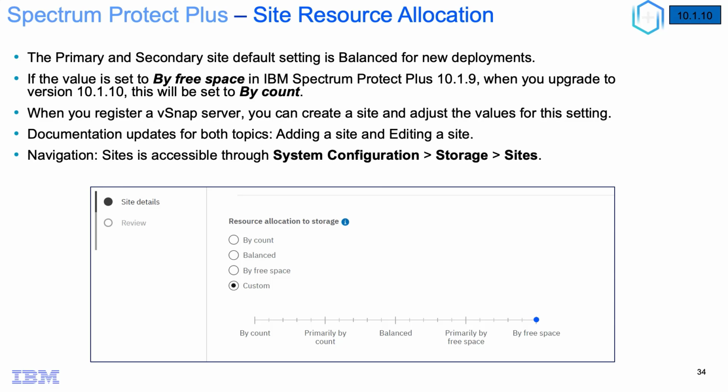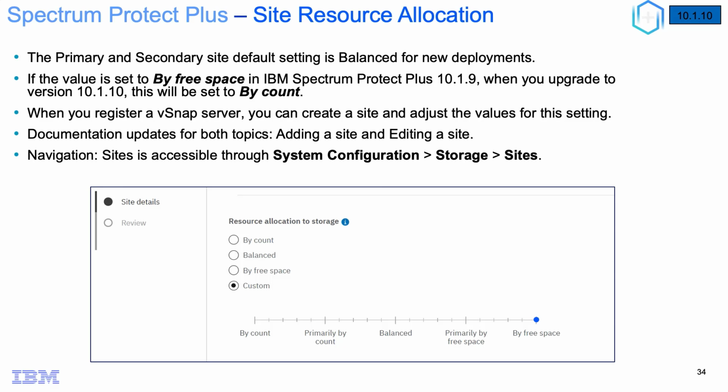In 10.1.9, the VMware data would have been allocated by free space, that is the size of the virtual machines, whereas now, beginning in 10.1.10, it's going to be by the number of virtual machines and other types of data that you're sending to the site.